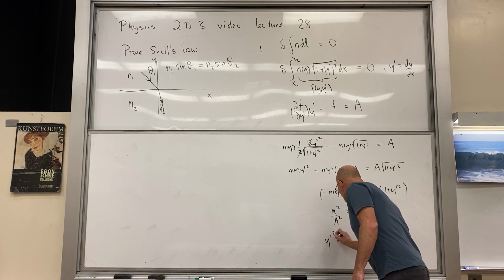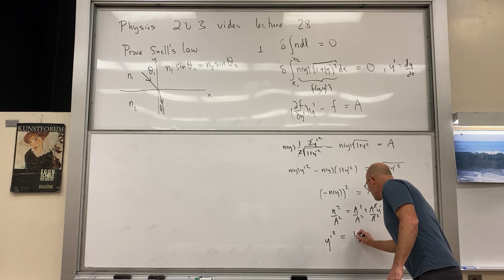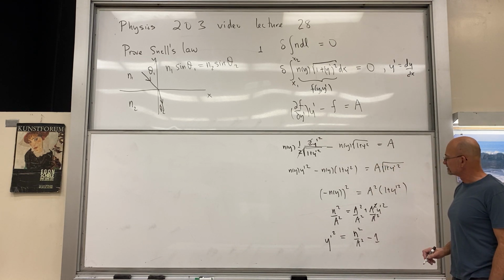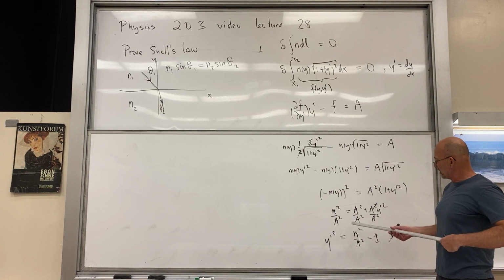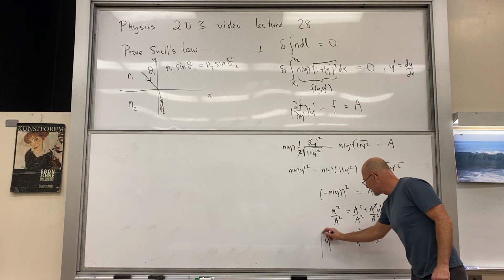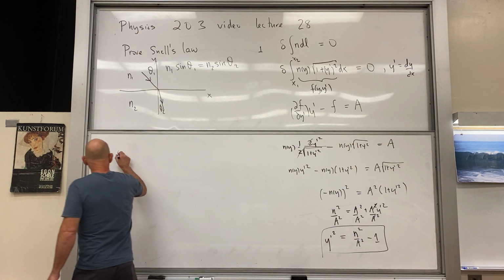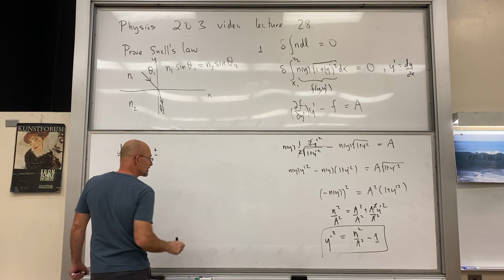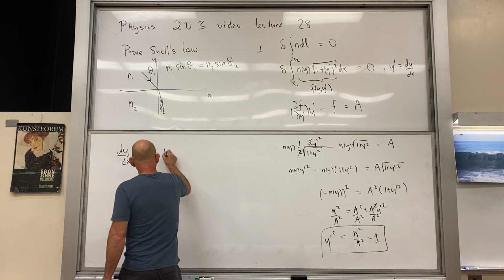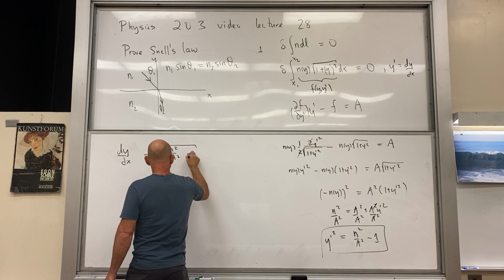Y prime squared is equal to n squared over a squared minus 1. Good, so we have plenty of room here. We've got our picture, we have our differential equation, and let's write it this way: dy/dx, we'll get our plus minus root n squared over a squared minus 1.